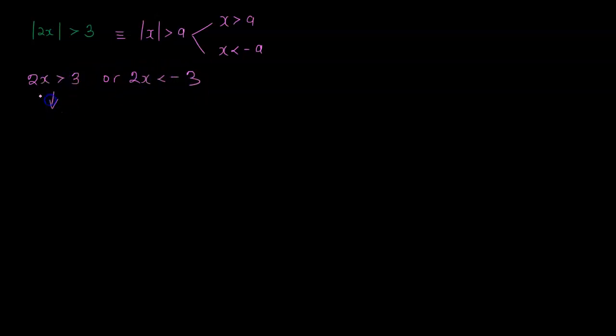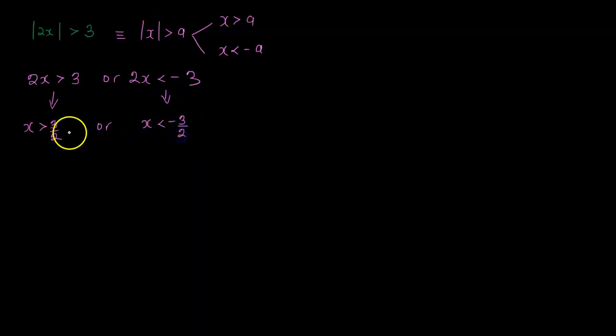So solving this one, I'm just going to have to divide both sides by 2. The inequality is not going to change because 2 is a positive number. So x is going to be greater than 3 over 2, or solving this, x less than negative 3 over 2.